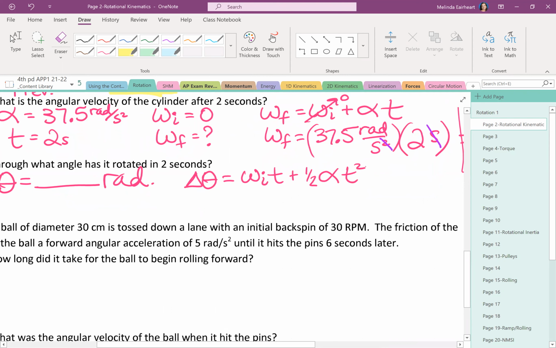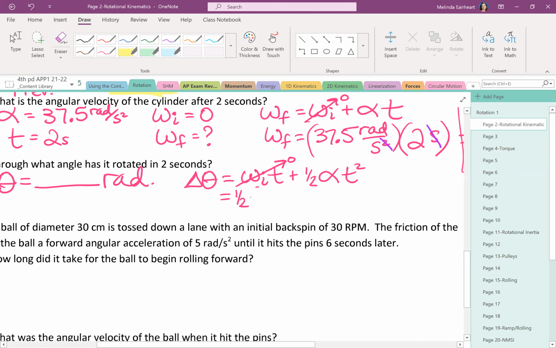The other is that third one that's not on the formula chart, but when you substitute your angular quantities in for your linear quantities, it does have a delta theta. You could use it. Okay, so we plug in. Again, at t equals 0, it's not rotating, so no initial angular velocity.